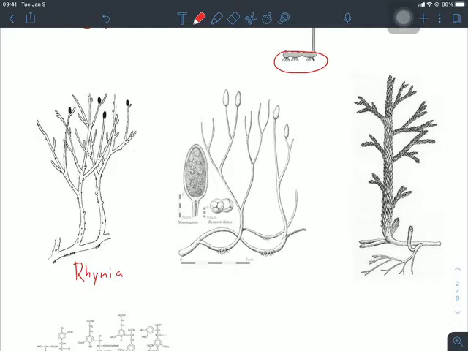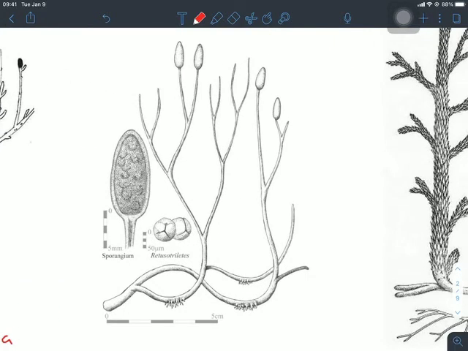So it's actually going to have a lot of traits that are inherited by both the lycopods and our later megaphyll-bearing lineages.